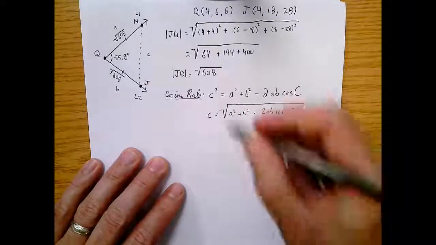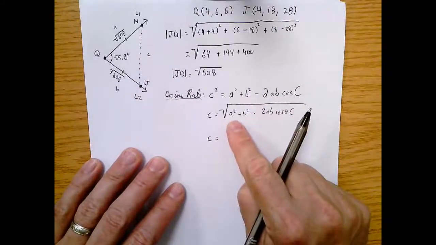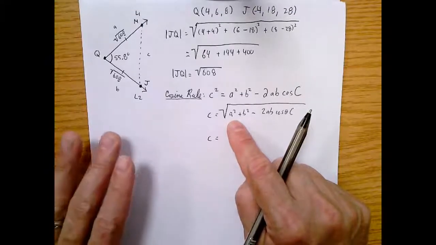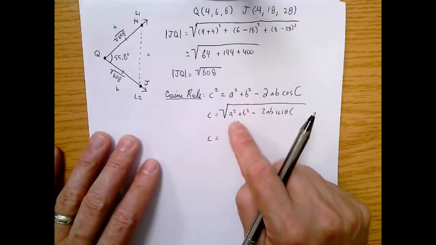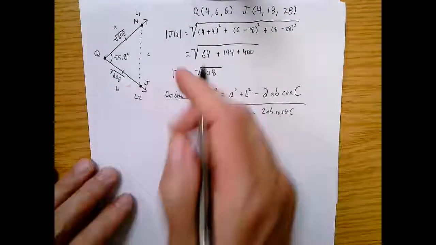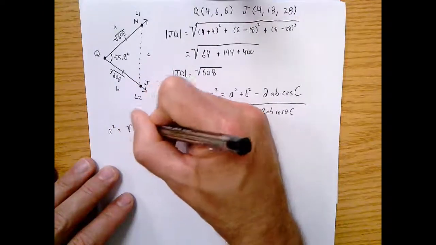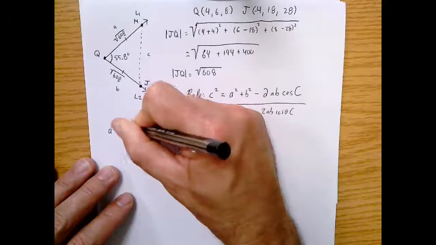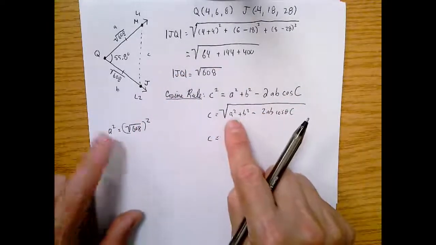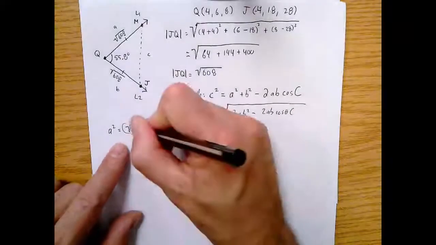All right, let's just plug in what we got. So C is a squared. Now this is going to throw some of you for a bit of a loop, but it's okay. If you think about this, a squared is the square root of 608 squared. Let me do a little side note here. If a squared is equal to the square root of 608 squared, well, a square root squared is just the value inside.